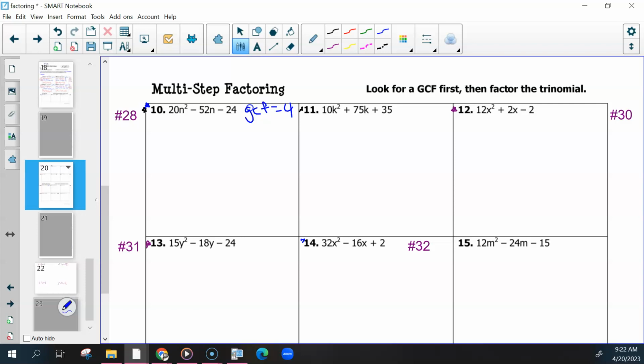Okay, so if we divide each one by 4, what's left? What do we get after we divided these all by 4?